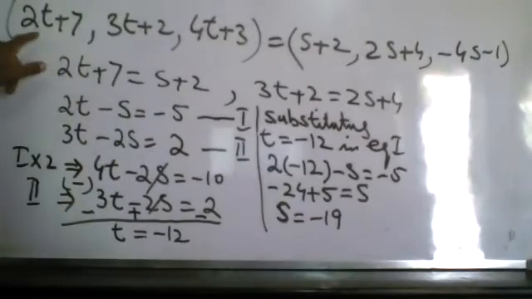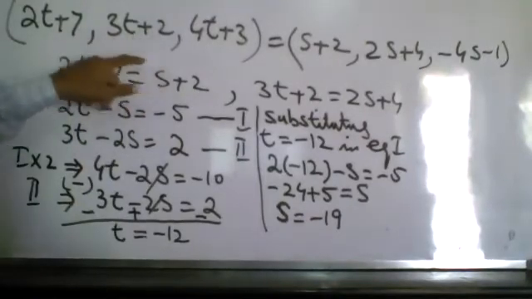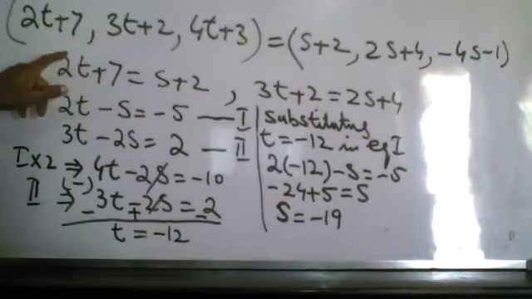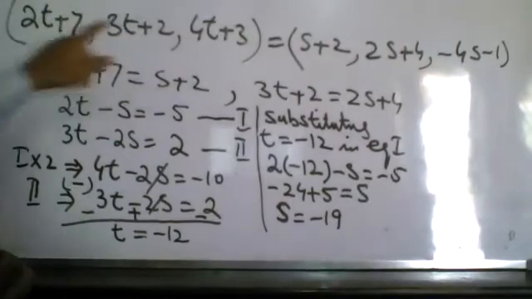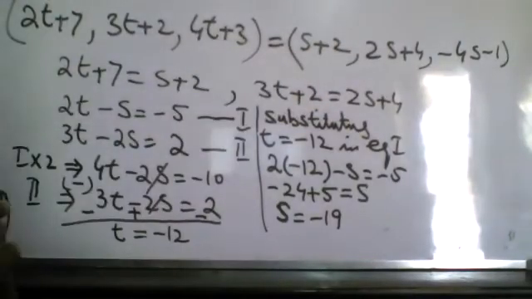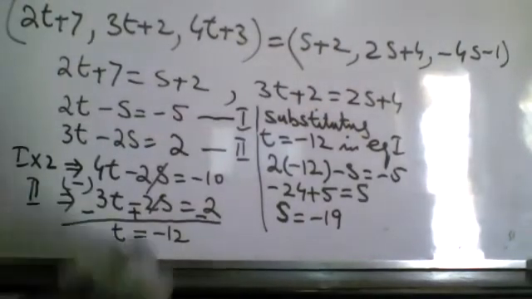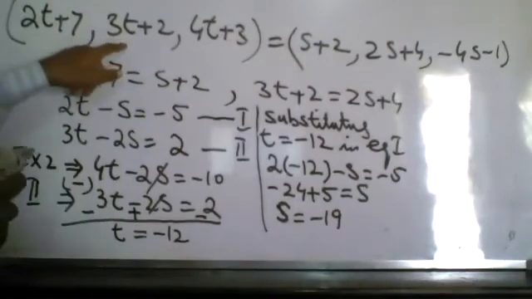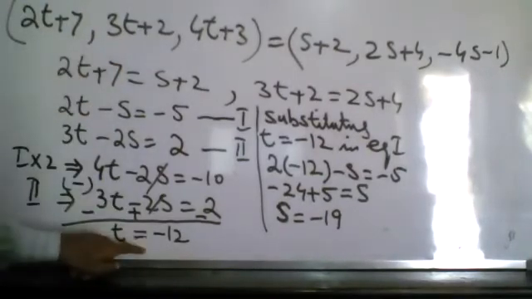So I will put over there to find the value of x, y, z in this equation. We will get the answer. First I'm putting the value of t, which is minus 12.